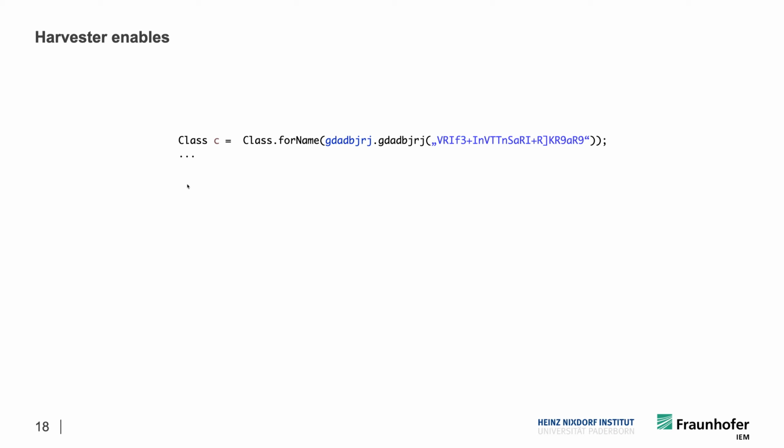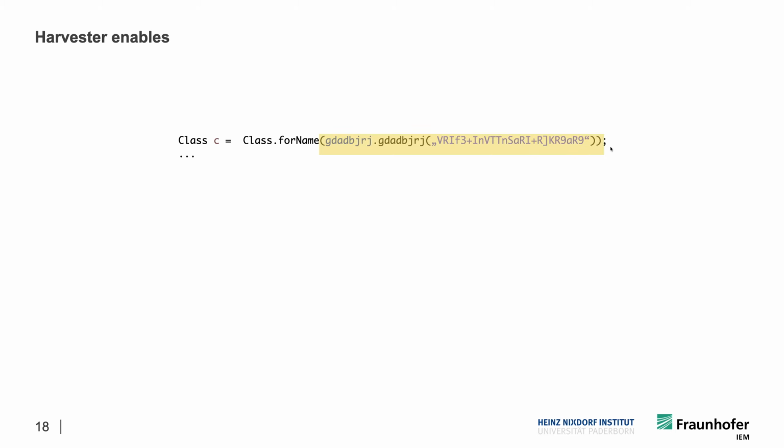And what's really interesting now is that Harvester can be used also on such heavily obfuscated programs, and it can even benefit from some reiteration of the Harvester approach itself. So let us take a look at what this means. Let's assume we here have a Class.forName call with some really garbled input like you see here, okay?